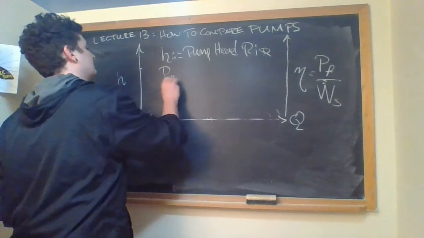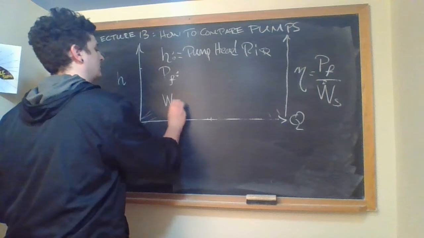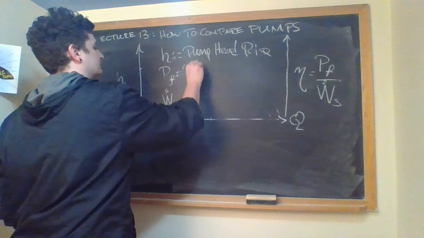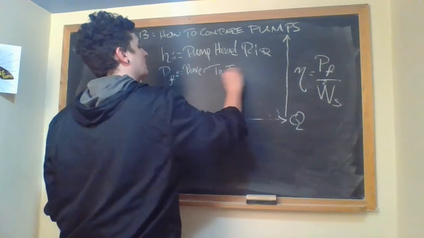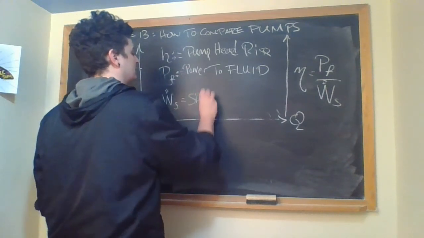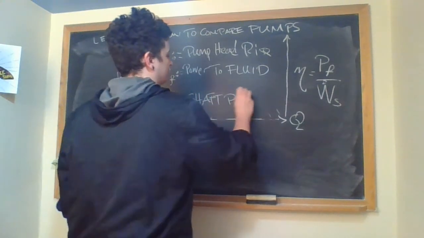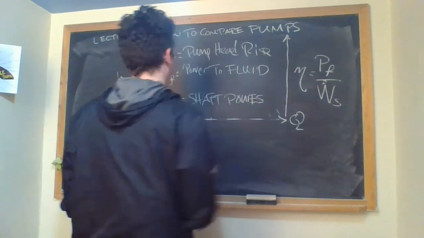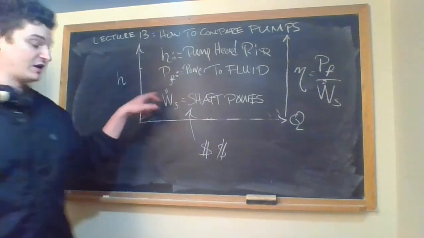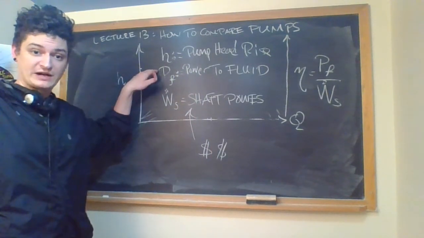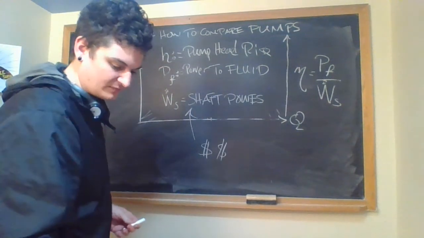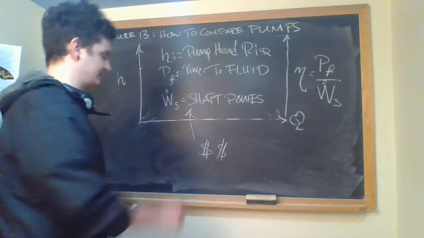Things I want to, power to the fluid, and then sort of shaft power. This is the money, the cost that goes into running this. This is the power transfer to the fluid, and that's what you get. So those are the three things you want, and that's what we're going to look at into non-dimensionalization.